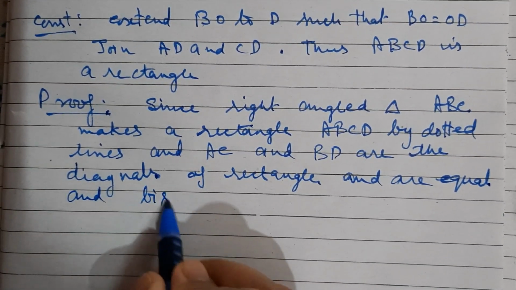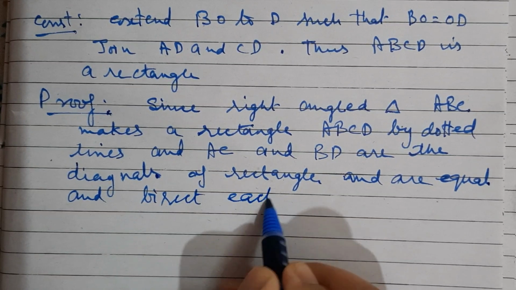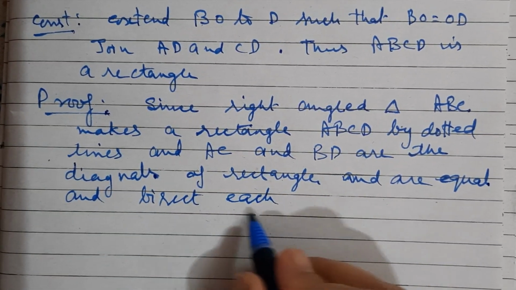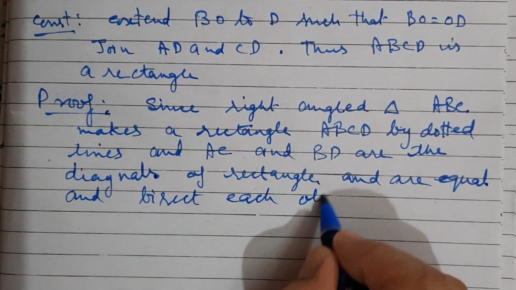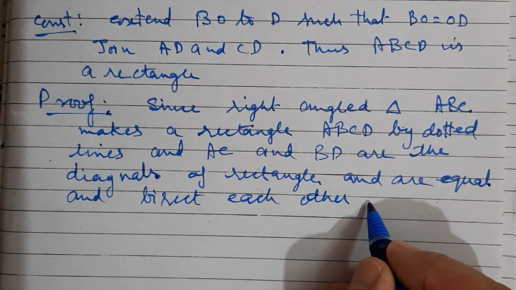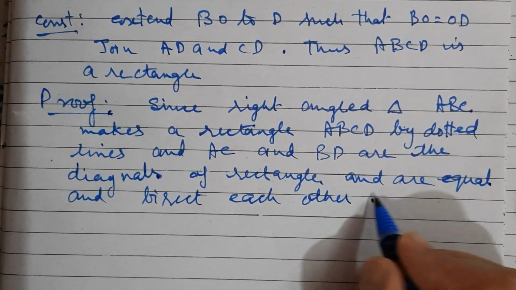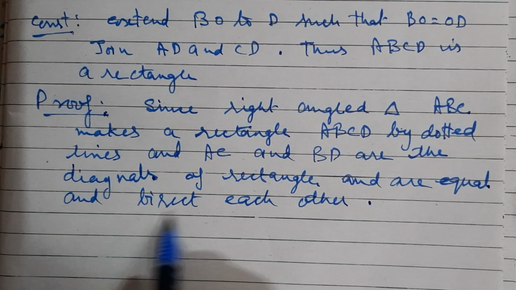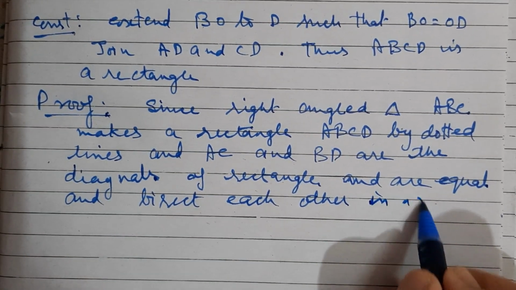And also bisect each other. This is a property of diagonal of rectangle. Bisect each other in a rectangle.